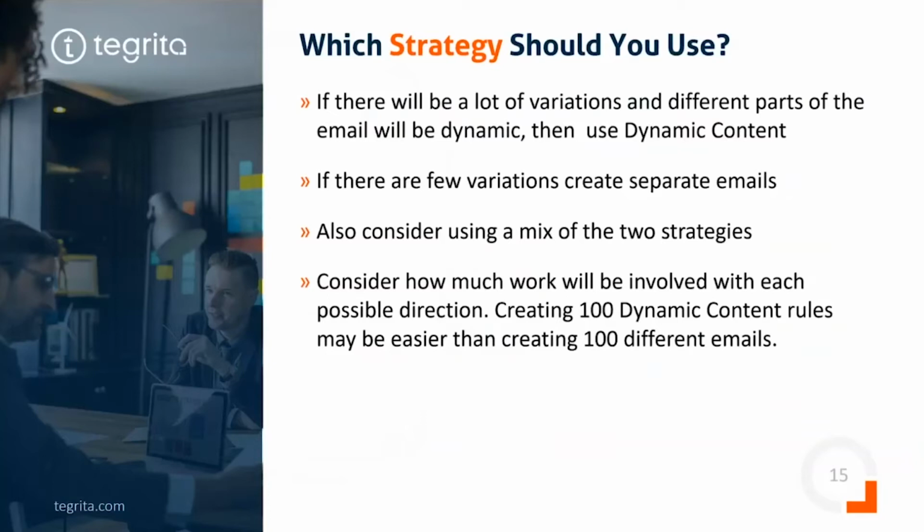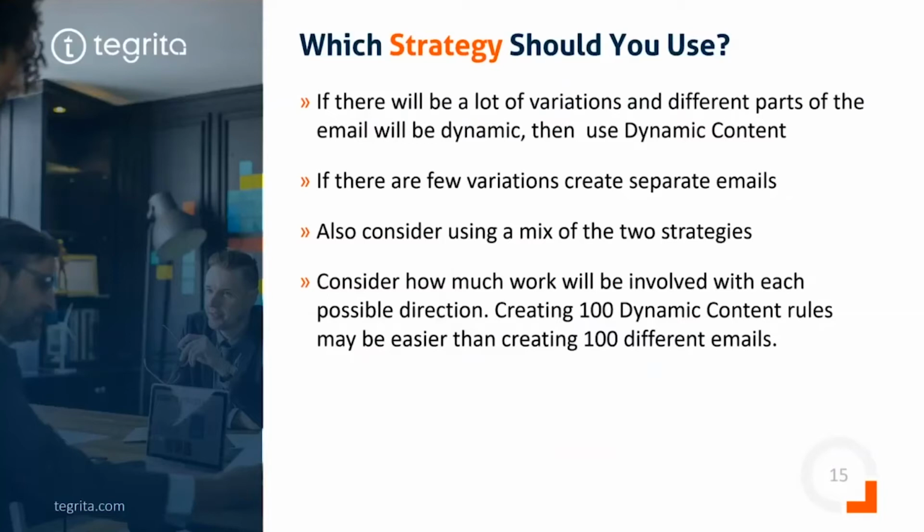So, you may be asking yourselves, well, we do this or we do that. What's the best way to attack this? If there's going to be a lot of different things that you want to show to different groups of people, then dynamic content is probably going to be a good fit for you.